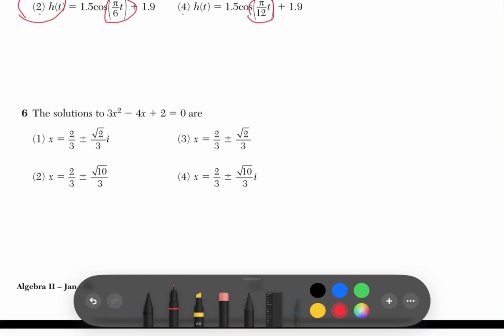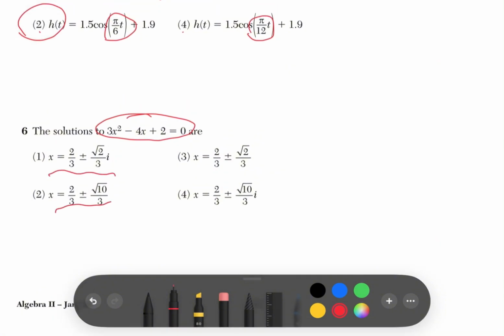Question 6 is asking us to find the solutions to 3x squared minus 4x plus 2 equals 0. So we can see that all of these options are in a plus bi form. So we need to use this equation, the quadratic formula. Negative b plus minus radical b squared minus 4ac over 2a.